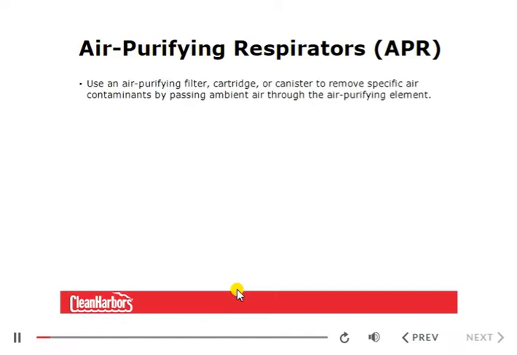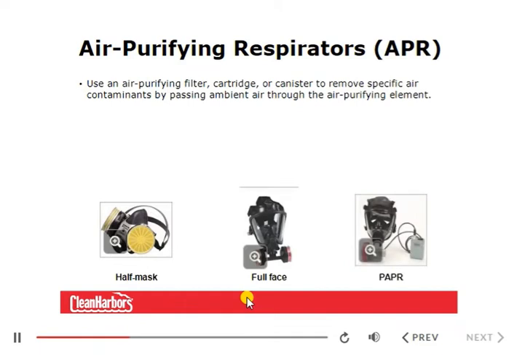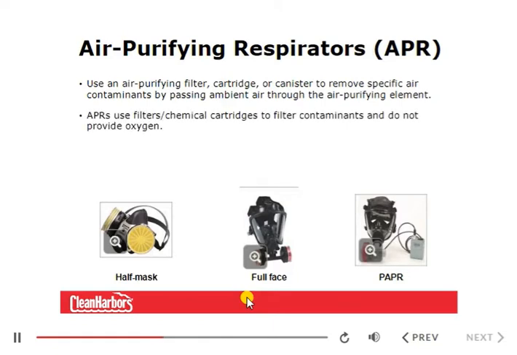An air purifying respirator uses an air purifying filter, cartridge, or canister to remove specific air contaminants by passing ambient air through the air purifying element. These respirators include half mask, full face, and powered APR, which uses a blower to pass contaminated air through a HEPA filter. It is important to stress that APRs do not supply oxygen, and instead use filters or chemical cartridges to filter contaminants.